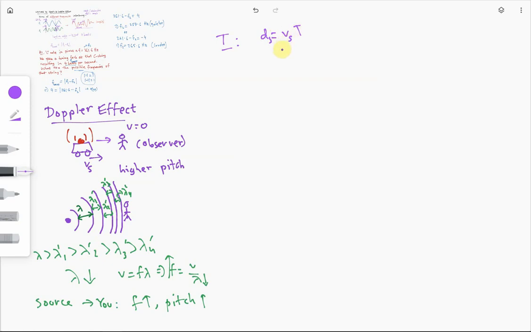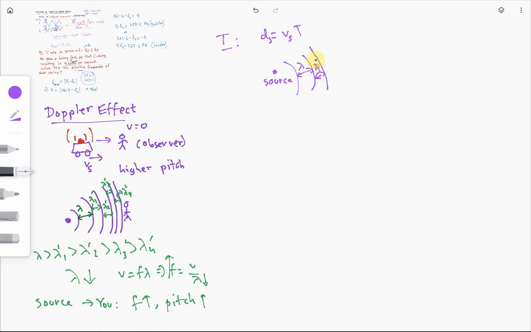Why is this necessary? Well, if we consider the source to be here and it's producing waves of original wavelength lambda, then as it reaches you the waves get smaller wavelengths, like that.